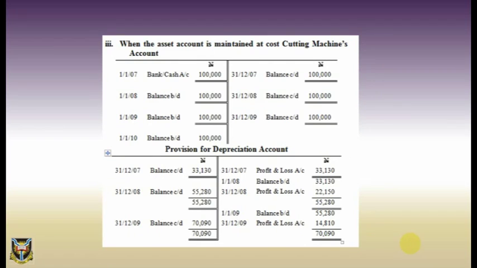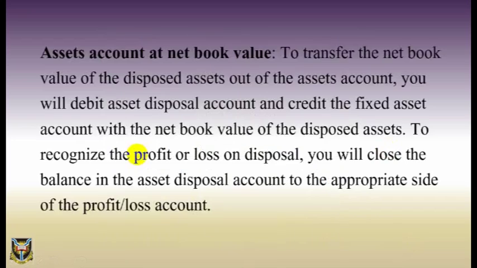J. Disposal of fixed assets. The accounting for the disposal of fixed assets will depend on whether you maintain the asset account at net book value or at cost. Asset account at net book value. To transfer the net book value of the disposed asset out of the asset account, you will debit asset disposal account and credit the fixed asset account with the net book value of the disposed assets.